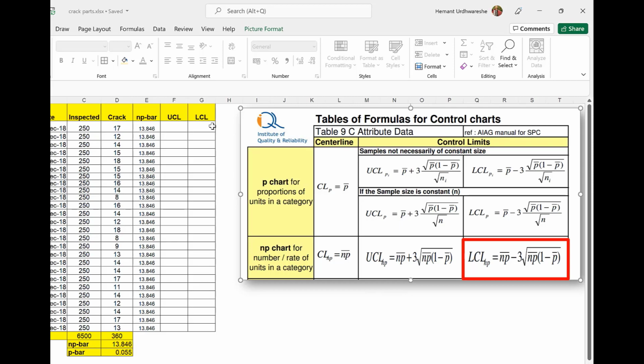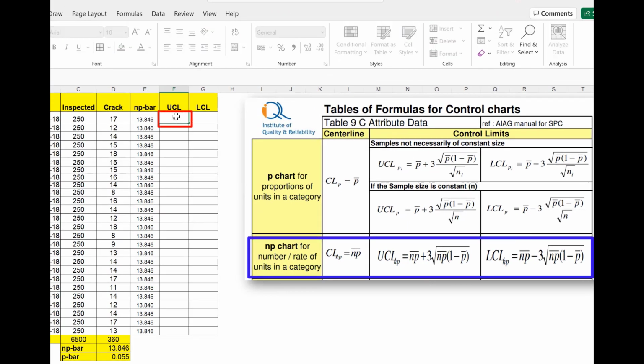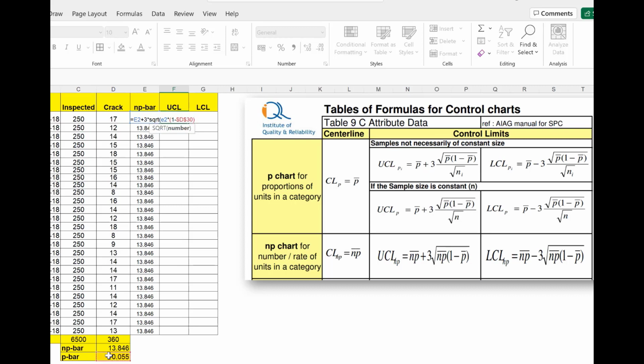So let us use this formula and calculate the upper and lower control limits of the NP chart. UCL is NP bar plus 3 star SQRT into bracket NP bar star (1 minus P bar). When I copy the P bar, I use absolute copying by pressing function F4. I think that should be correct.